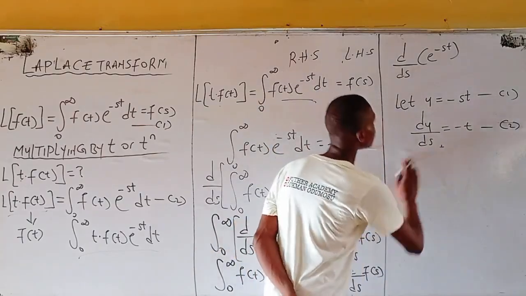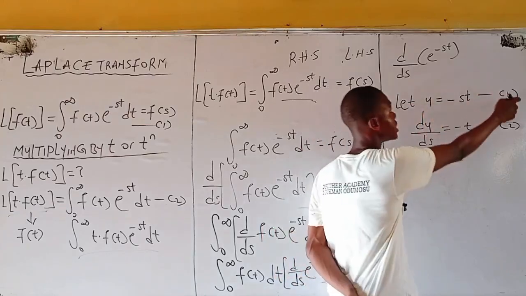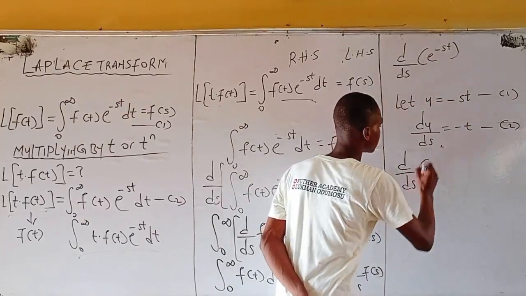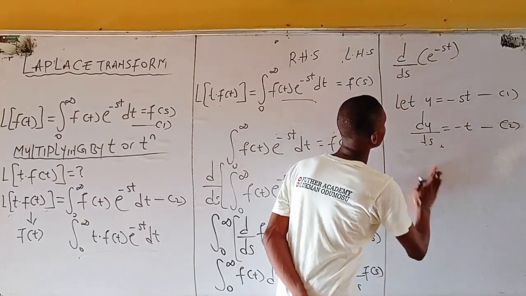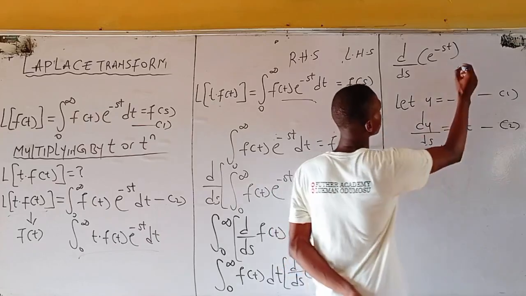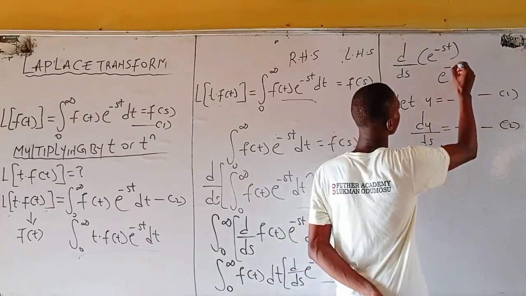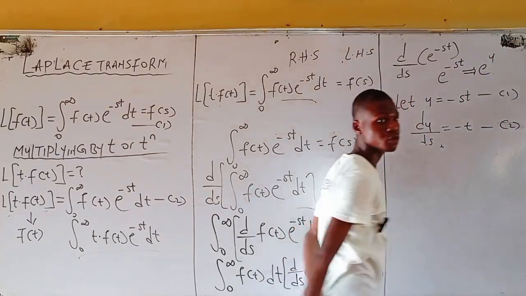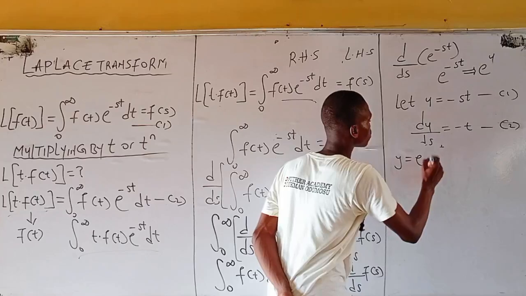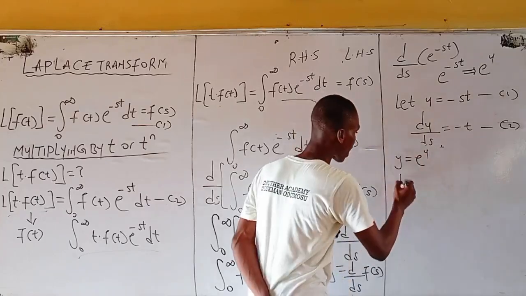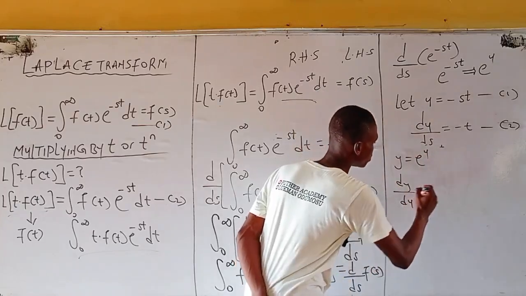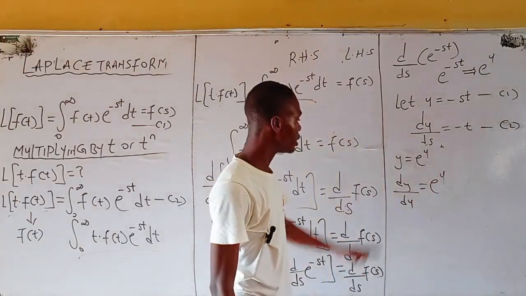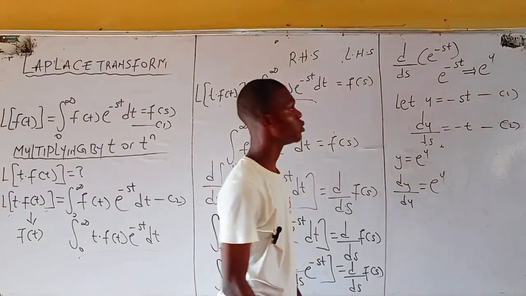From here, we've said let u equal negative st. It means this same function, I have exponential to the power of negative st, which implies exponential to the power of u. So let's say y equals exponential to the power of u. What is dy du? dy du is still exponential to the power of u.